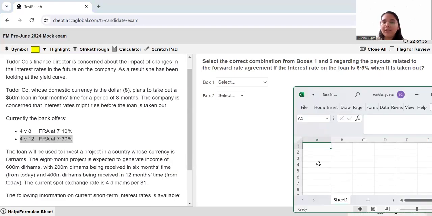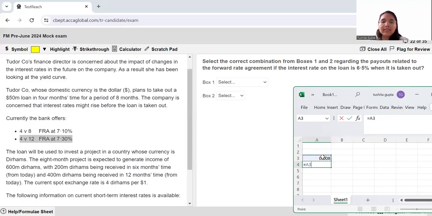So let us find out first what is going to be the difference. The difference is nothing but 7.3% minus what the actual rate was when you took out the loan, which is 6.5%. So 0.8% is your difference. The rate which you have locked in is higher, and the actual rate was lower.